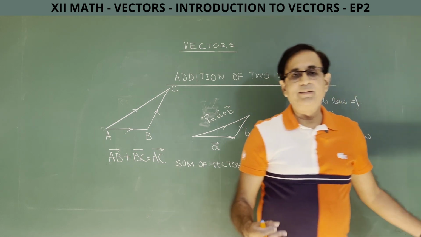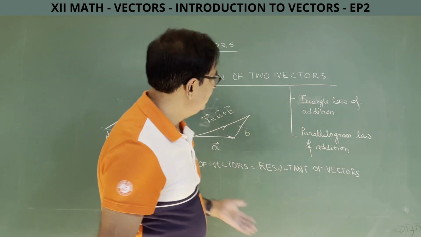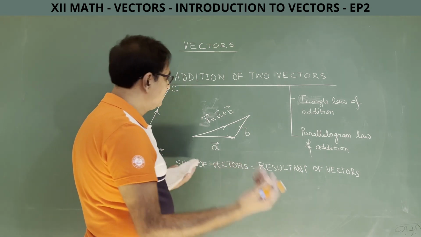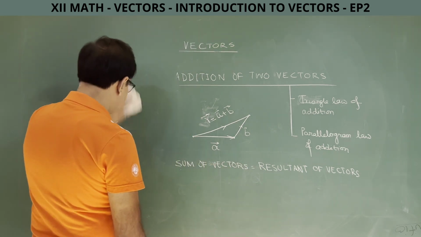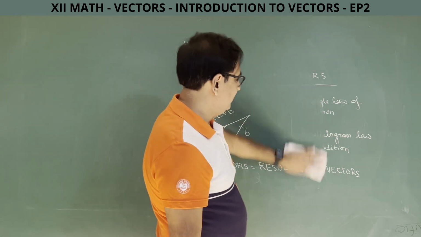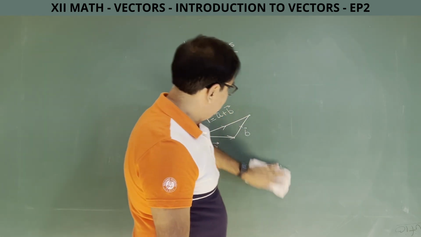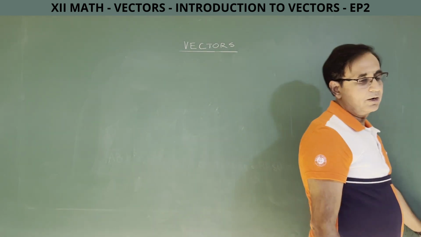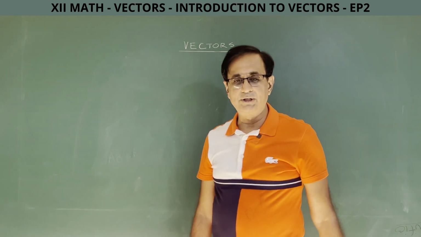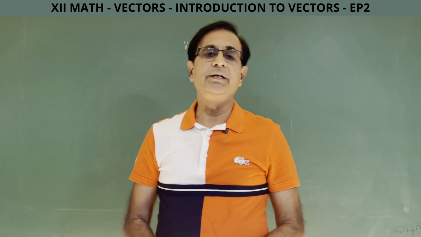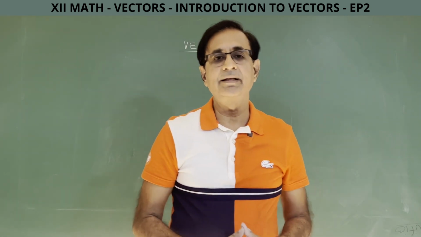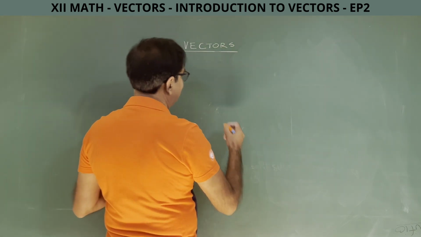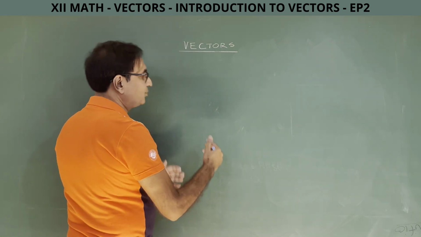Some of you may start thinking, why did sir waste our time explaining triangle law and parallelogram law of addition, because when you are doing numericals, these will not be required. Many years ago, there were numericals in the exam using triangle law of addition and geometrical representation of vectors, but for more than 10 years, that portion has been deleted from the syllabus.